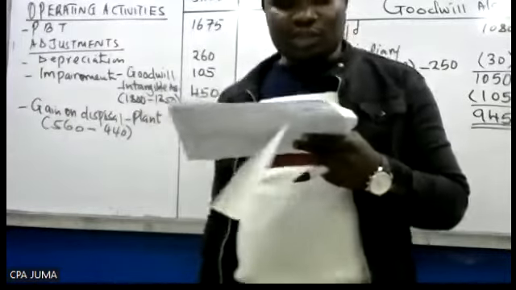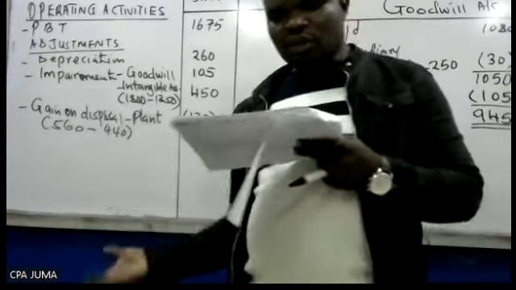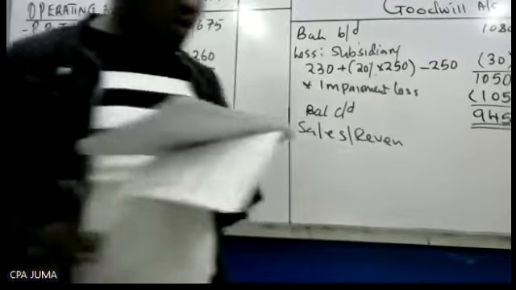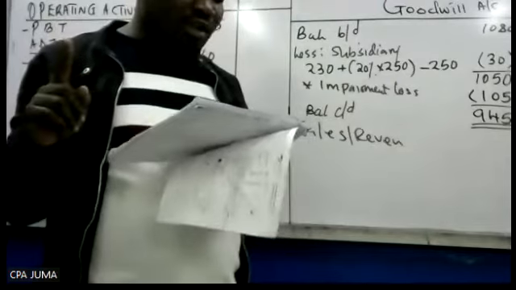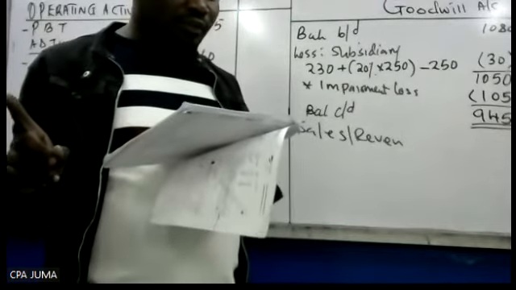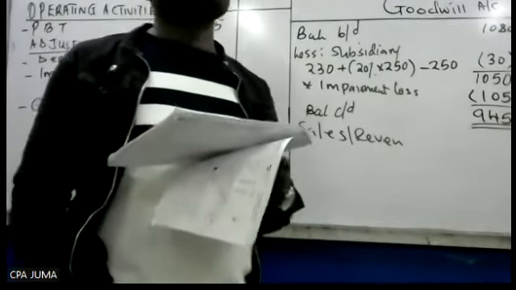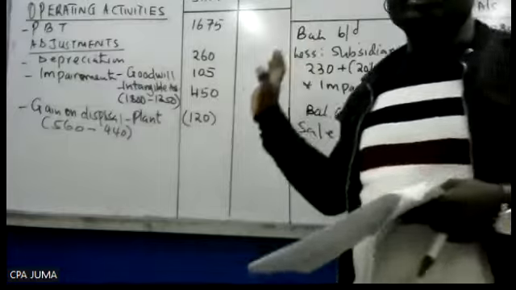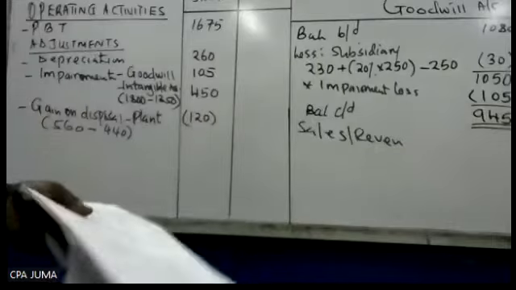The sale proceeds of the financial asset was 360. Profit on sale of financial assets is included in the investment income. We are supposed to subtract, but I'm going to deal with it in the investment income, because the investment income is going to be subtracted. It is not a normal business trade operating income.